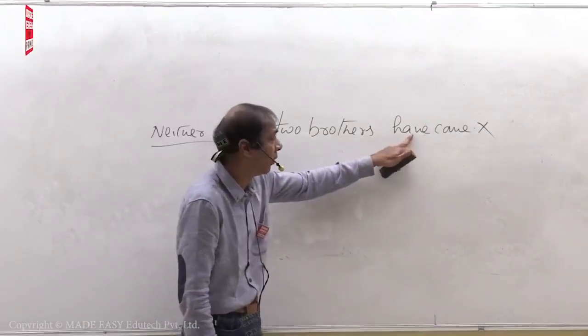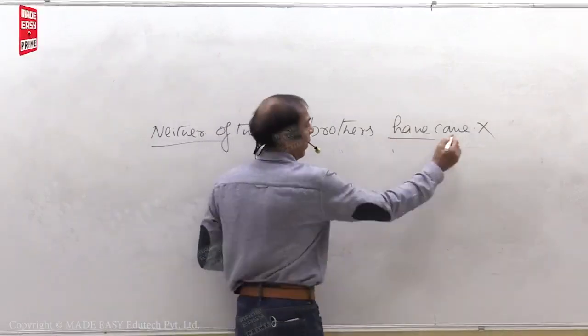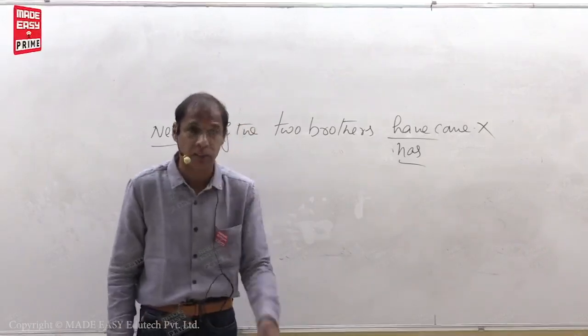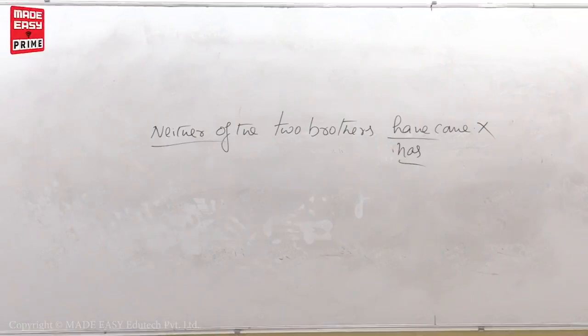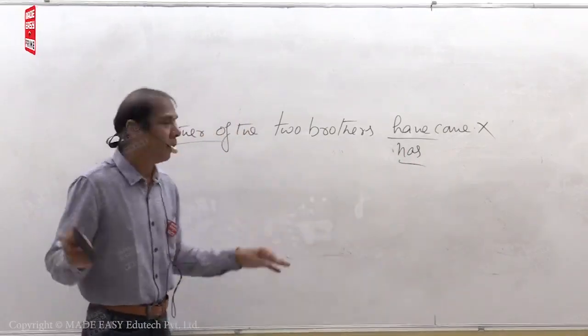But what is the verb we have used here? Plural verb. Have is plural. What is the singular? Has. Has come. I told you, do you remember singular verbs, plural verbs? I gave you the list of singular verbs and plural verbs. Neither of the two brothers has come. Okay?